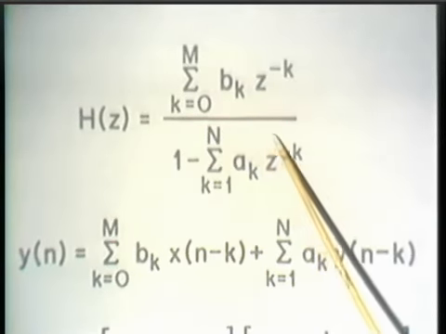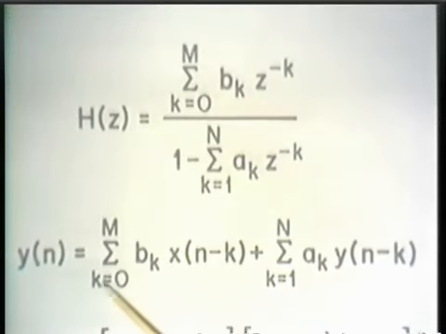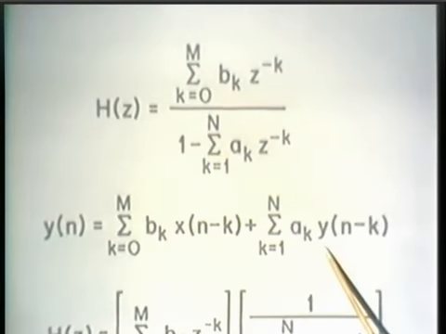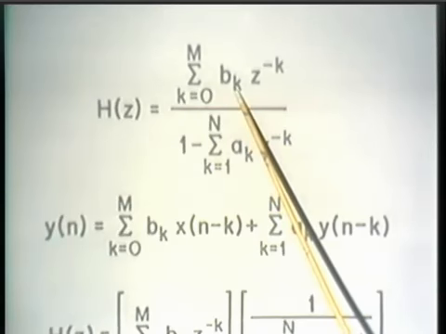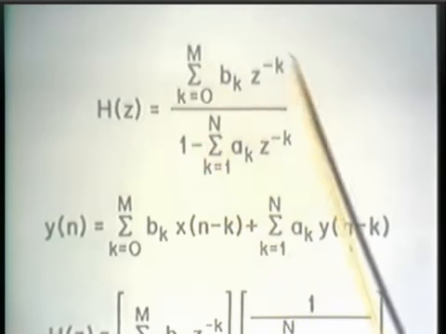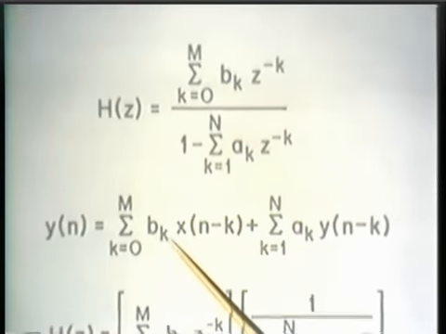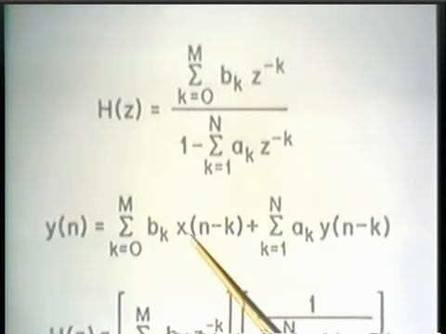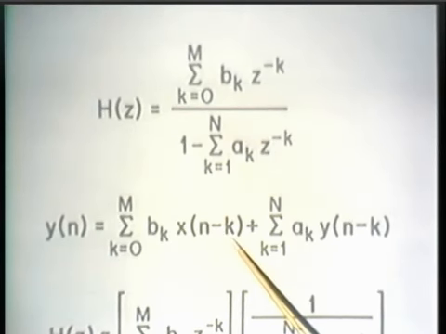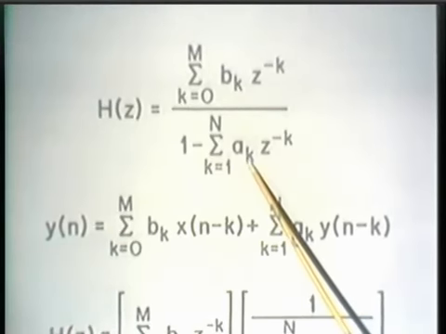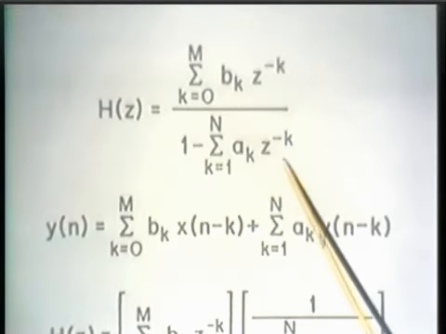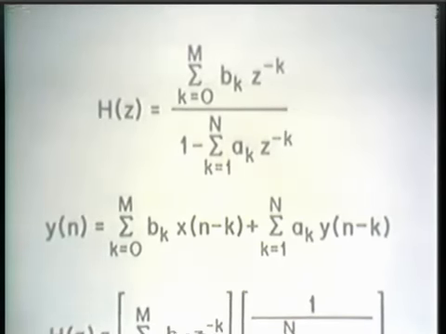The coefficients in the numerator, corresponding to the polynomial that represents the zeros of the transfer function, are identical to the coefficients applied to the delayed values of the input, and the coefficients in the denominator, corresponding to the polynomial representing the poles, are the same coefficients which in the difference equation correspond to the weights applied to delayed values of the output.